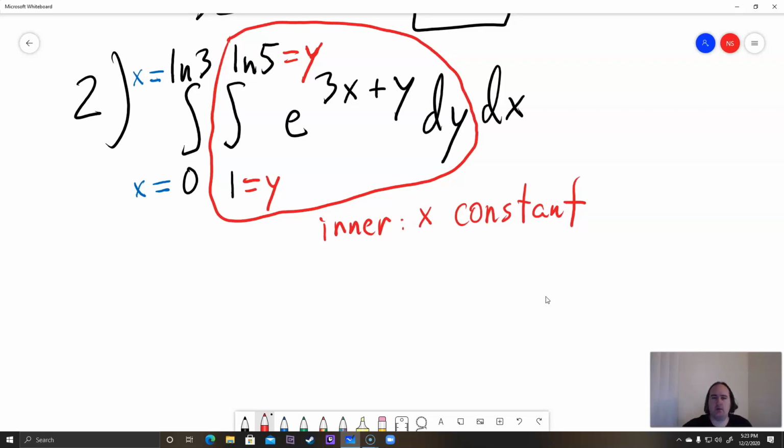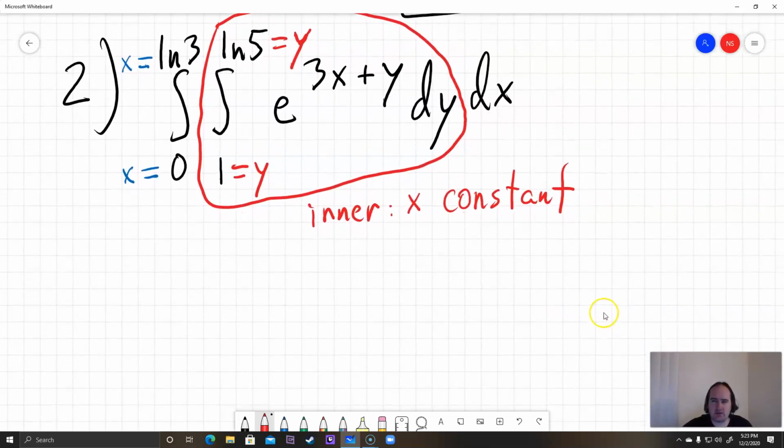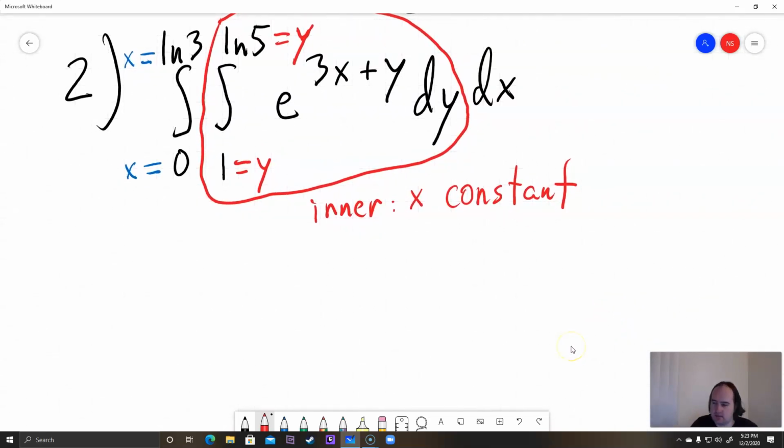But here, we are going to have to use u substitution just to be safe. Okay, so what we're going to do is we're going to do u substitution, and we're going to let u equal the inner function. So here the inner function of e to the 3x plus y is just this inside part, which is 3x plus y. So here we're going to let u equal 3x plus y.